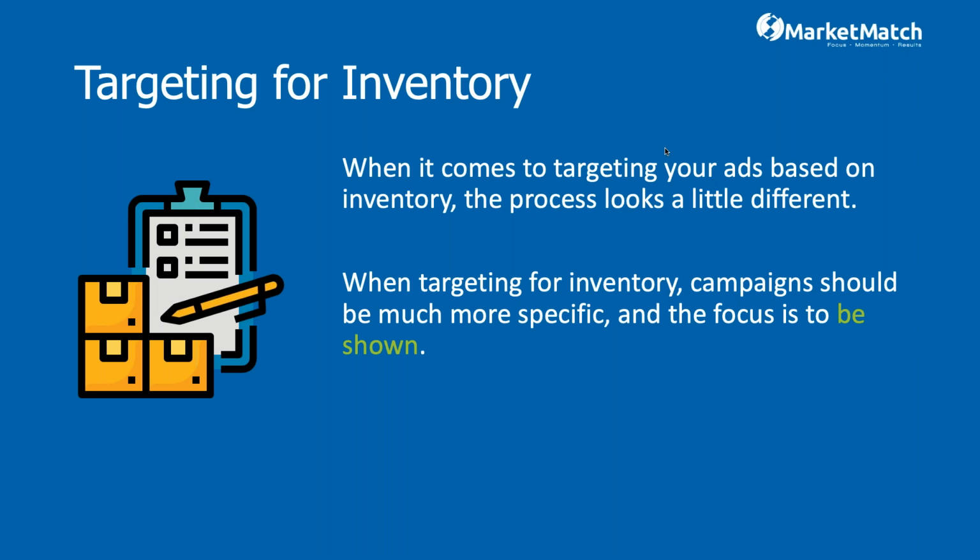So when it comes to targeting for inventory, the process looks a little bit different, because what we're doing with the targeting for ad inventory is that we're trying to make our campaigns be as specific as possible, with the focus or the goal being to get our ads shown at the top of the list or the right places.